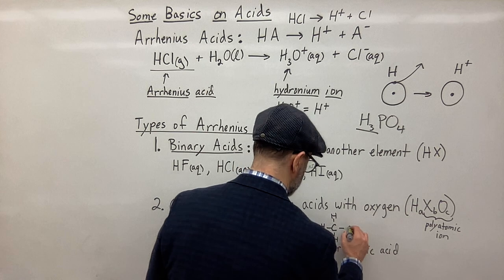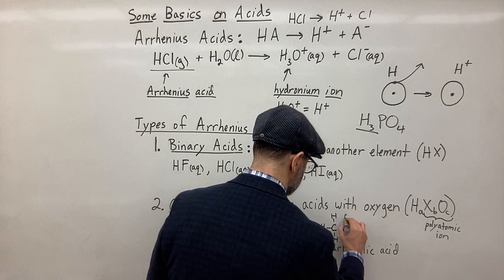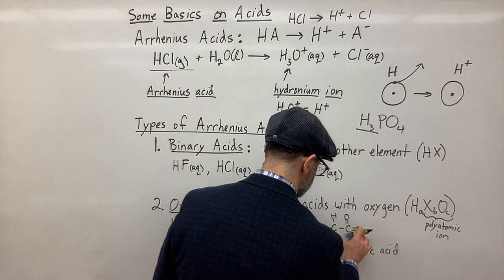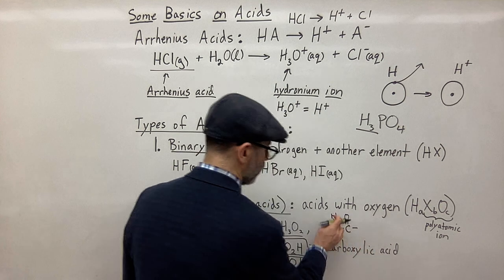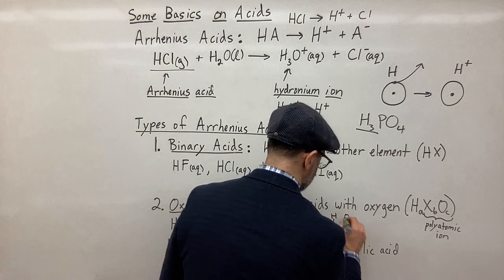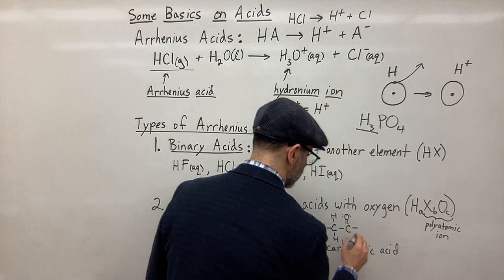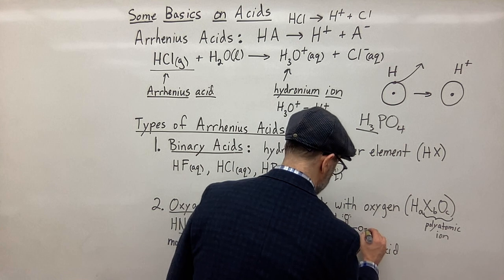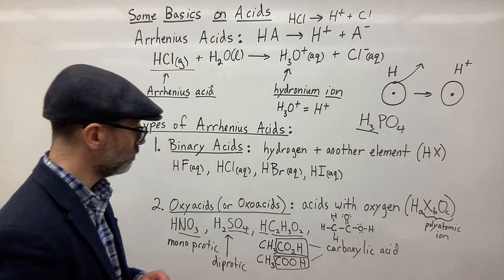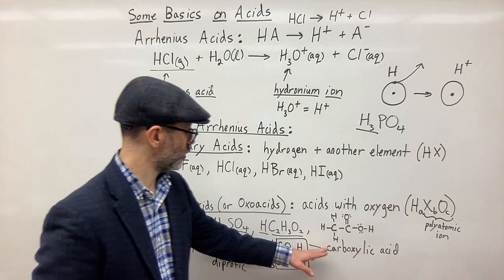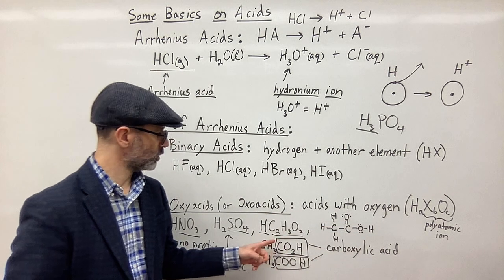I would have another carbon bonded to that with a double bond O. Let's put 2 lone pairs on there. And then I have my O and then H. So this, ladies and gentlemen, is what your acetic acid looks like.